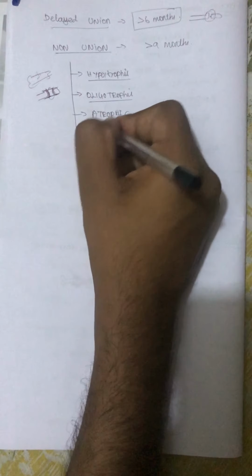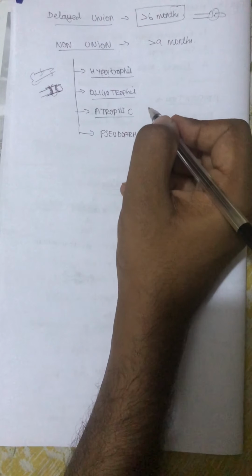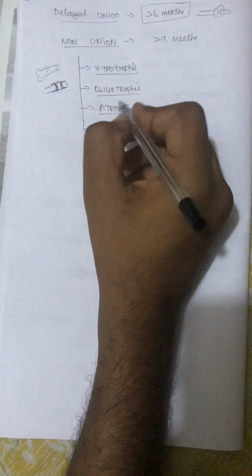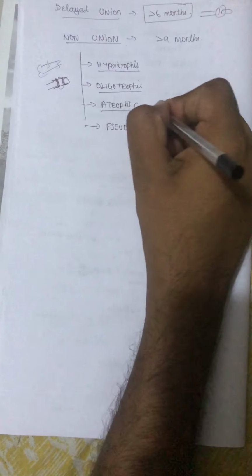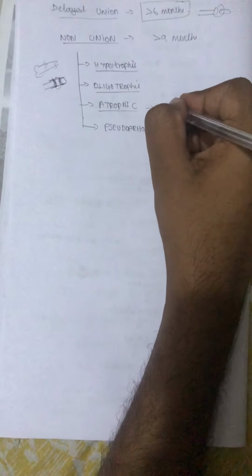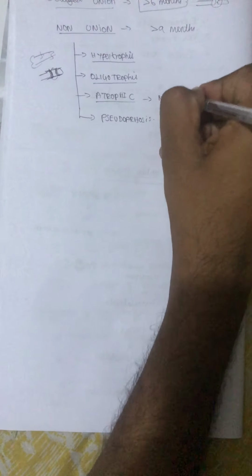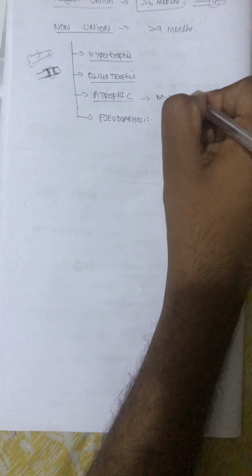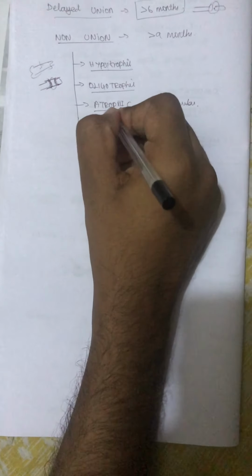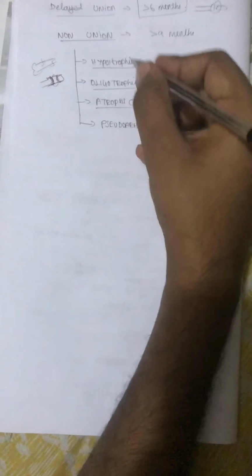Okay, the next type is atrophic non-union. Atrophic non-union is due to a deficiency in the biology of our bone. For example, the bone doesn't have proper nutrition due to no vascular supply or any problem with the muscular supply, which will come under atrophic non-union. For these types of patients, we come to the treatment.